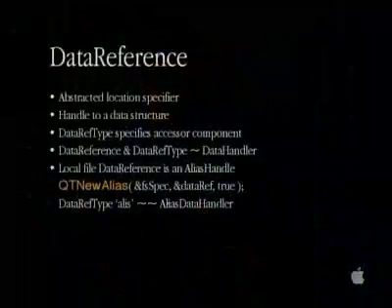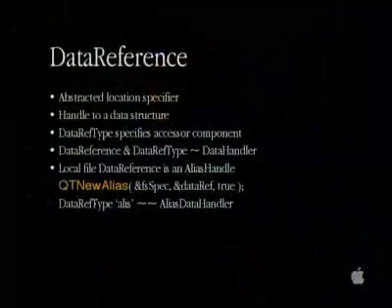And in order to specify that location, we have a data reference. This is an abstract location specifier. QuickTime developers are used to the file manager-based calls, such as Open Movie File. Now, with the abstracted family of calls using a data reference, you can now specify movie locations from anywhere.